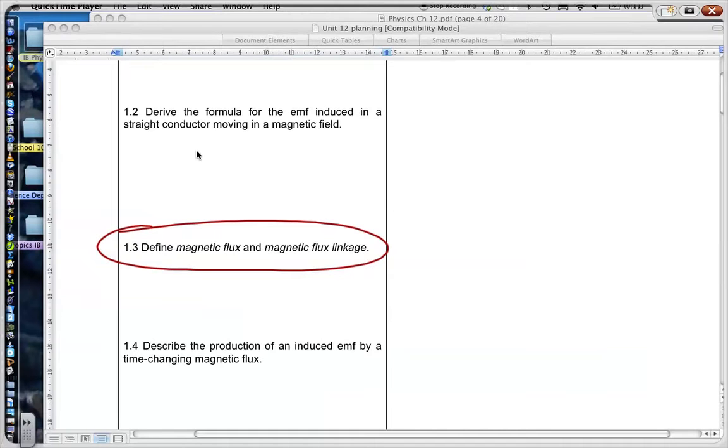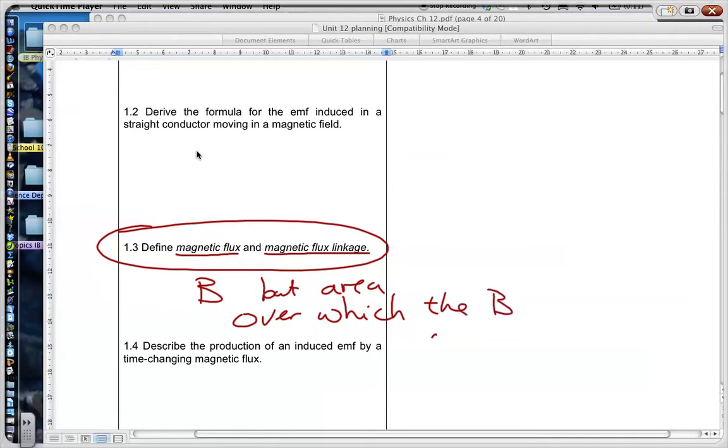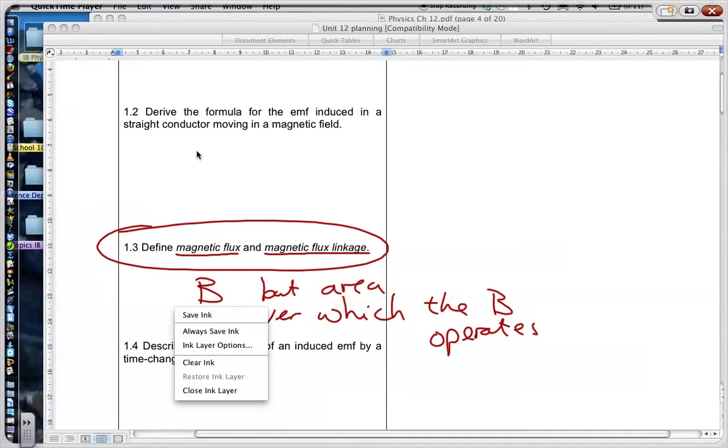This term magnetic flux and magnetic flux linkage was introduced because it was seen that it's not only a matter of the strength of the magnetic field, the B, but also the area over which the B operates that gives an indication of the strength of the induced EMF.